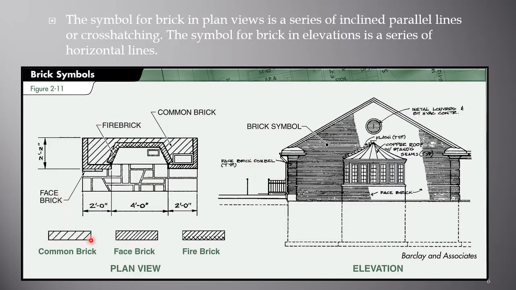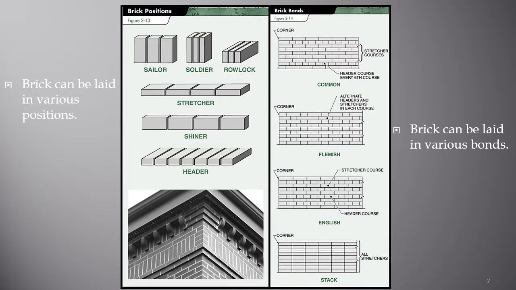When we are in a larger scale drawing, either in a view or a section, then we will show the individual bricks, especially where there is a particularly decorative pattern that we want the brick to be laid out in. Now, brick can be laid in various positions to get a desired decorative effect.